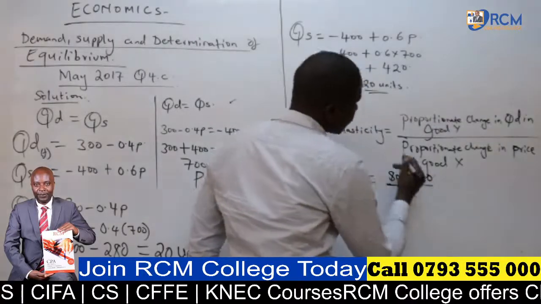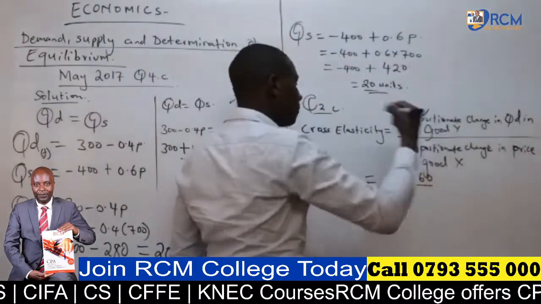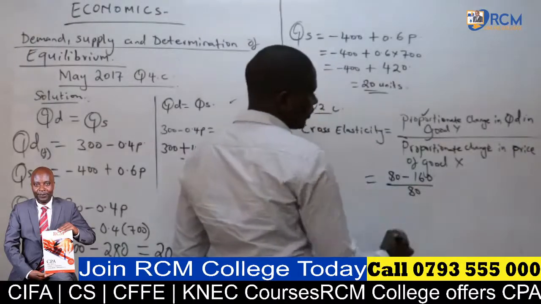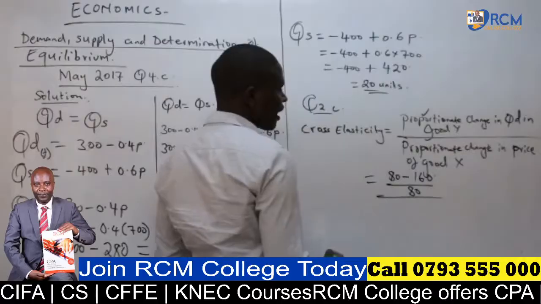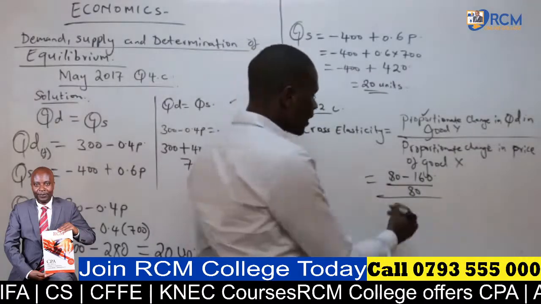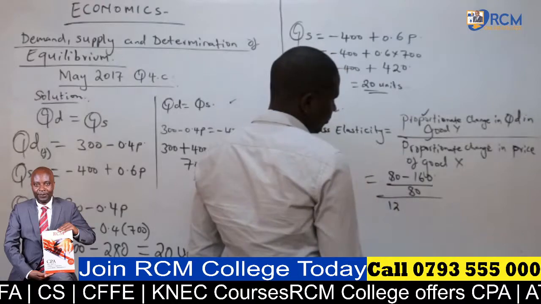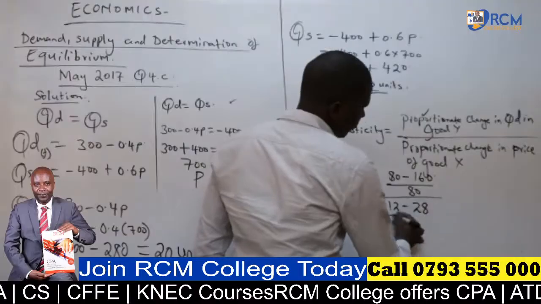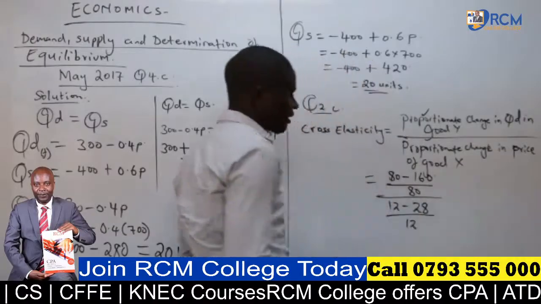Since we are looking at the proportion, that will be divided by 80. Then we divide by the proportionate change in price: at the start we have 12, minus the end of 28, divided by what we had at the start.